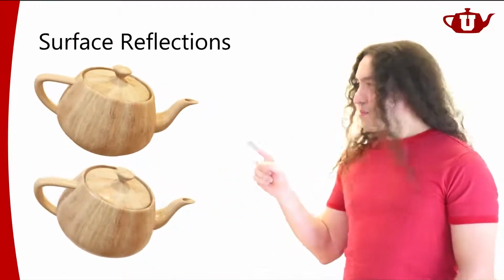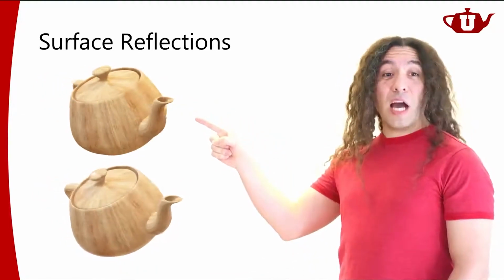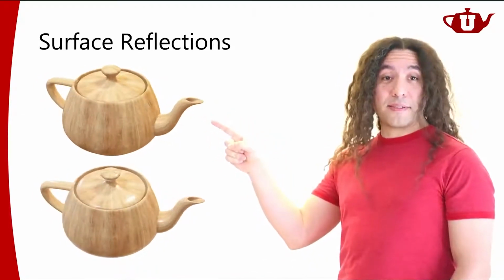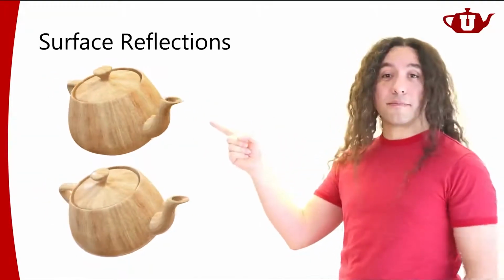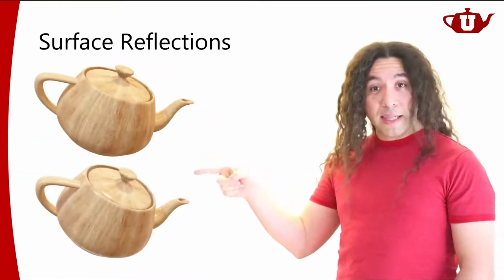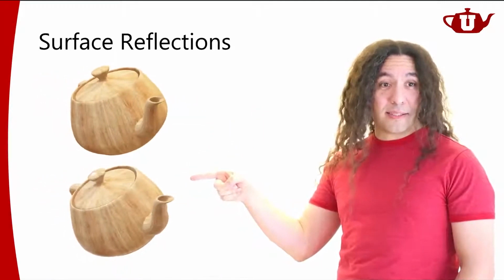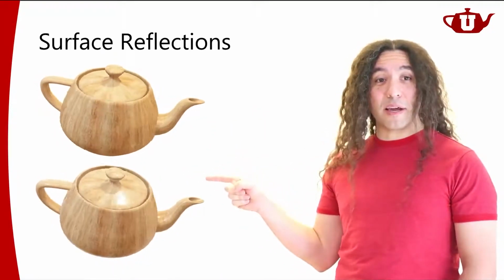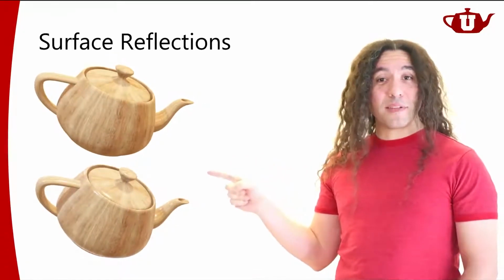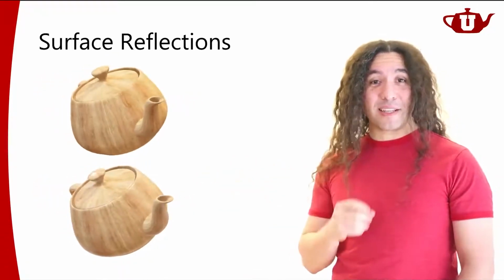Here's the thing. In this case, all of the light that's hitting the surface is reflected off of the surface diffusely in all directions, and we're seeing it. In the bottom case, some of the light is reflected specularly off of the surface. What does that mean?